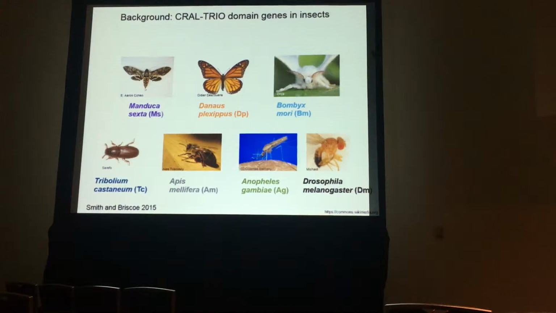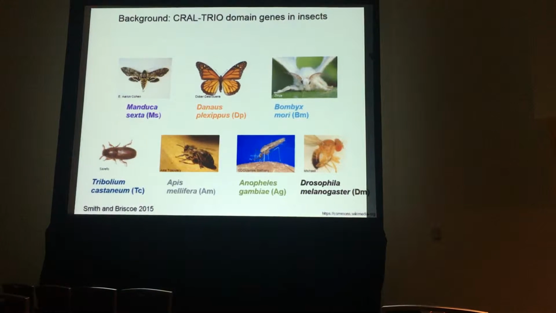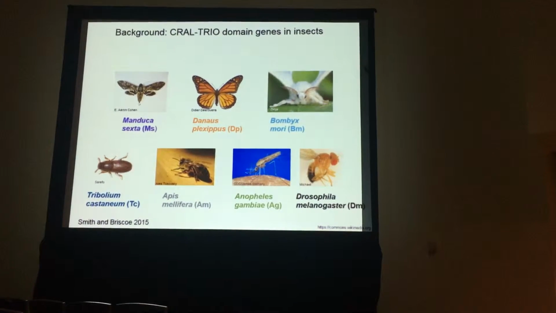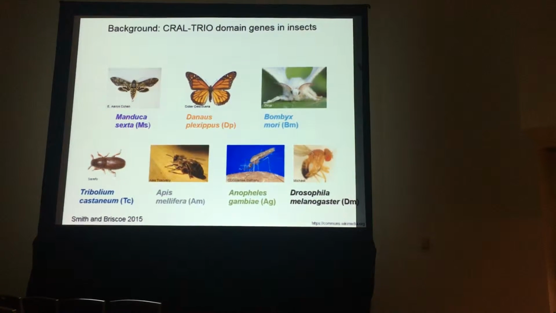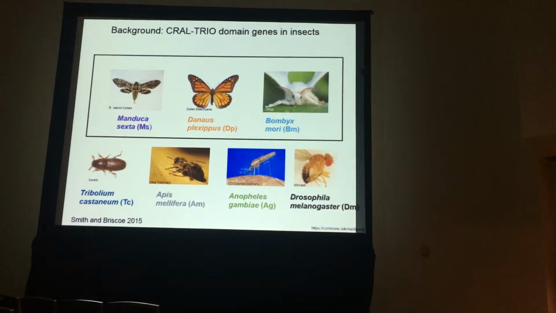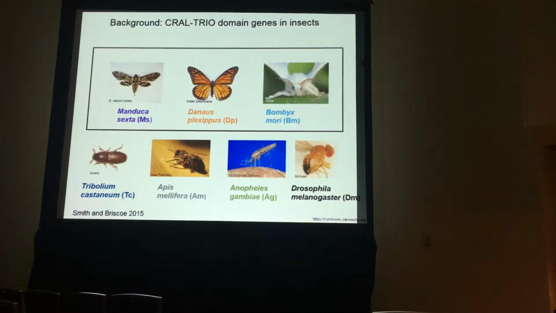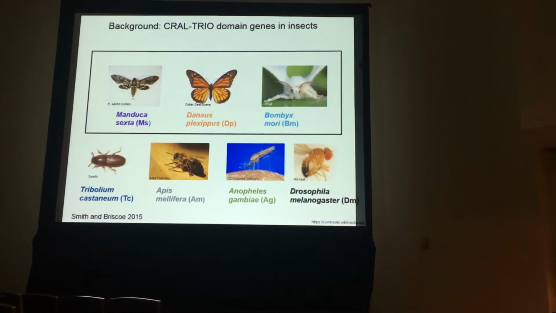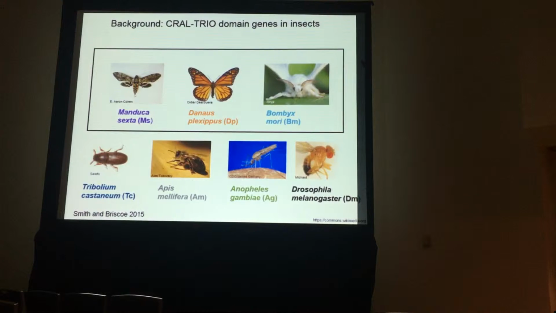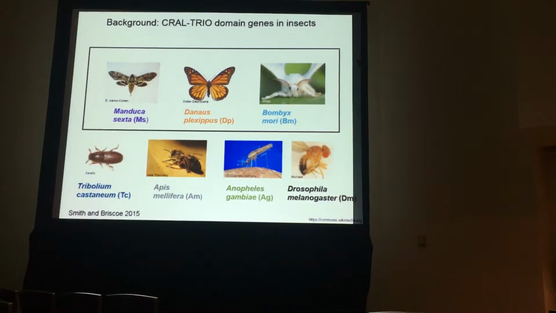What they found was that there were a lot of conserved amino acid residues, and there were also lineage-specific duplications of these genes. But what was really interesting is there's an expansion in Lepidoptera, so this is moths and butterflies, and this expansion results in twice as many CRAL-TRIO domain genes in these moths and butterflies in comparison to these other insects.